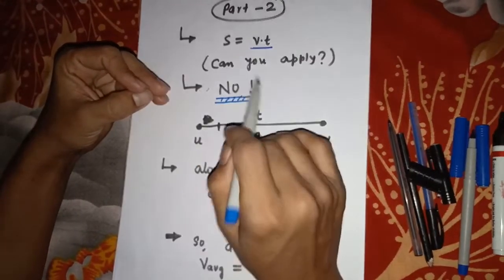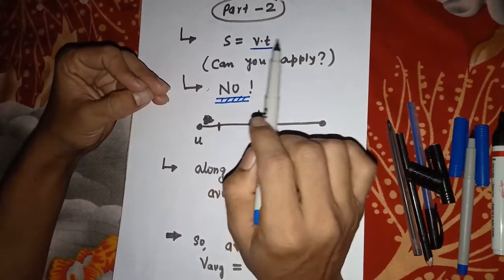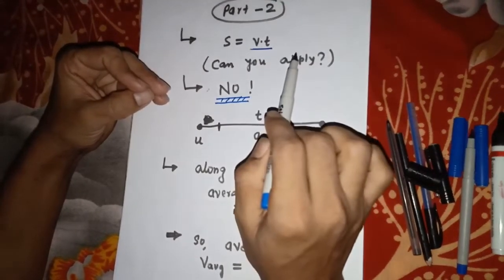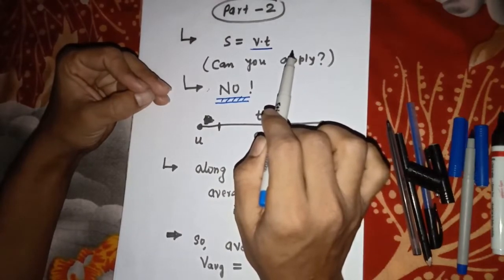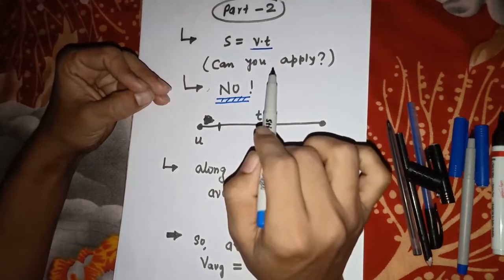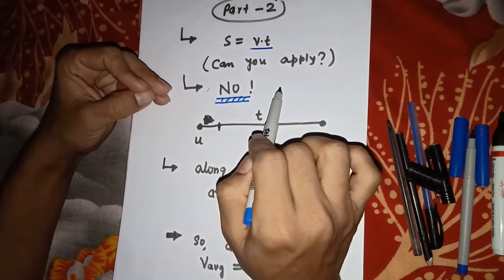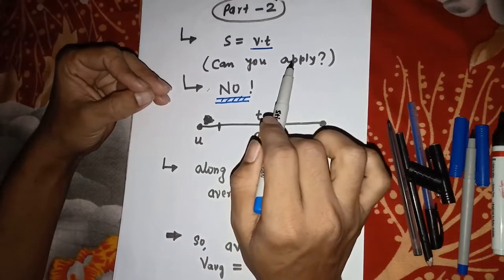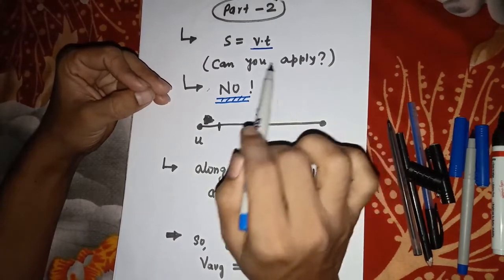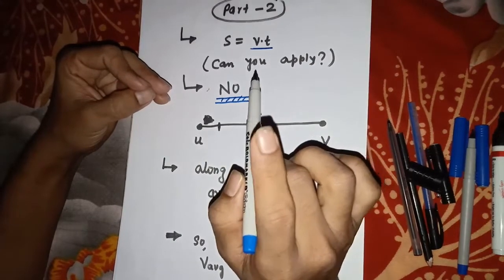But here in every 1 second velocity changes by a. So here velocity is not uniform, it is non-uniform. But acceleration is uniform. Yes, acceleration is constant because the rate is constant. Every 1 second velocity changes by a meter per second.